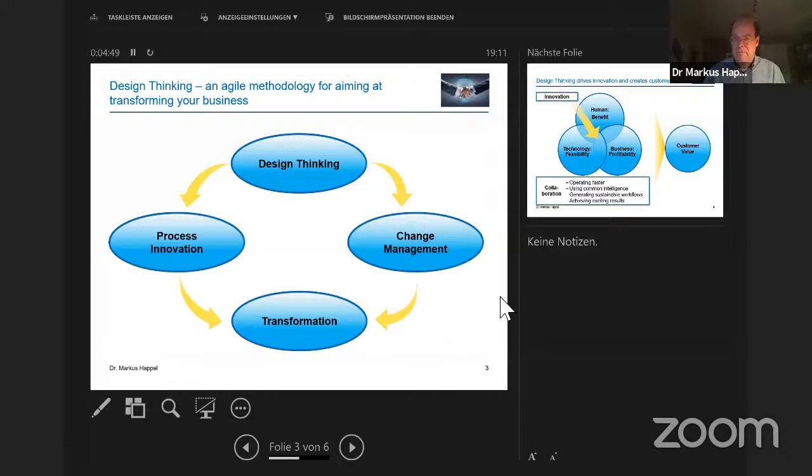But also, when we're talking about design thinking and how you create and support the process innovation, then you need to talk about change management. That means you have to have the people in place for your project, for your design thinking approach. And over that kind of time, when you're doing your project, you have to change the behavior and the attitude of the people. That means the people maybe on the blue collar worker level, but also on the senior management level.